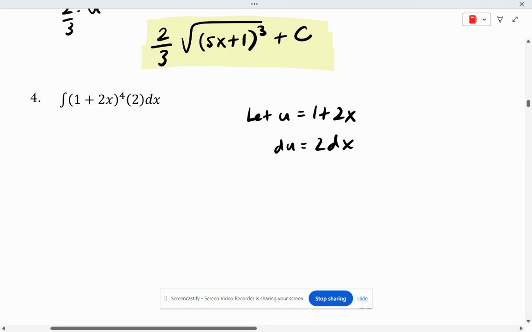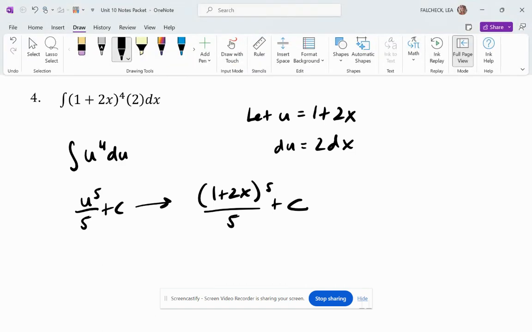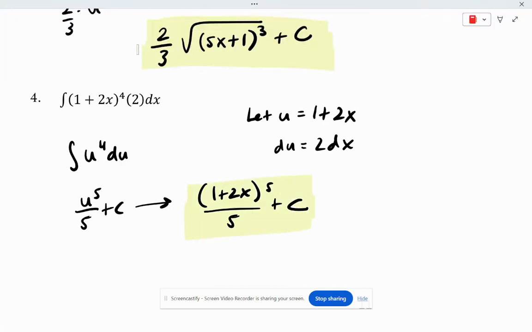Are we good? Are we starting to see where they go?